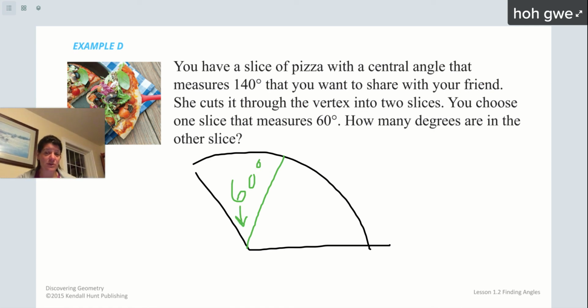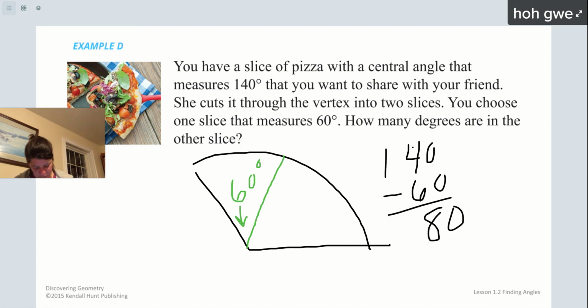So you need to figure out the measure of the other slice of pizza. So we could just do 140 minus 60 gives us 80. So that would be 80 degrees. And really what we're doing there is using the angle addition postulate.